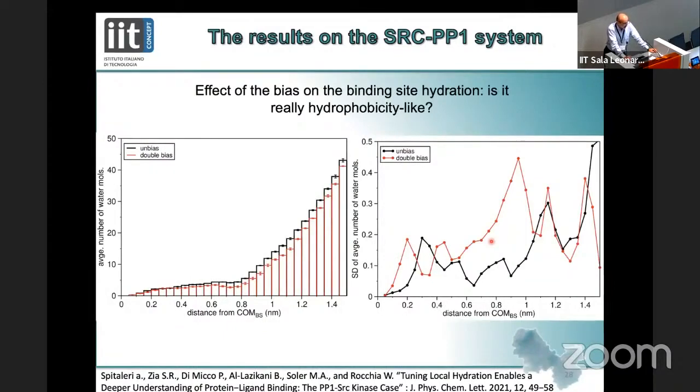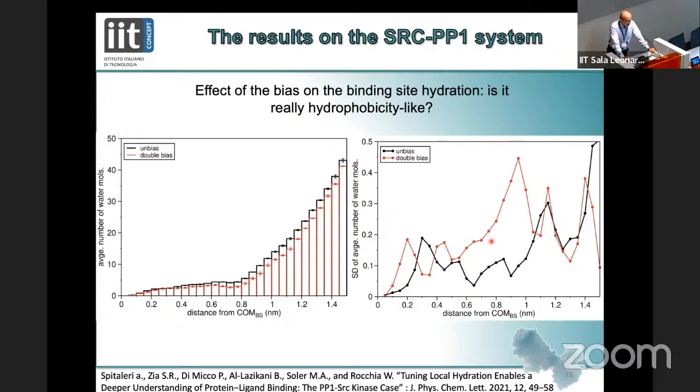So the first question we posed ourselves was, is this trick really mimicking hydrophobicity? So it's hard to answer this question, but one thing that was always discussed in these many papers from the physical standpoint concerning the hydrophobicity of surfaces was that the difference in hydration of the hydrophobic surface with respect to a hydrophilic one is in the fluctuations of water nearby.